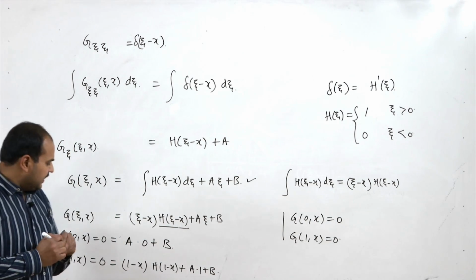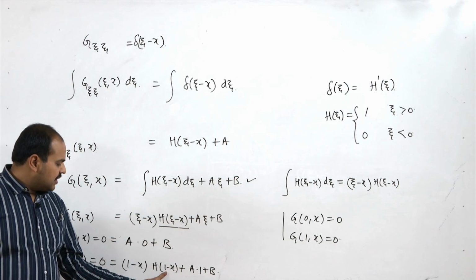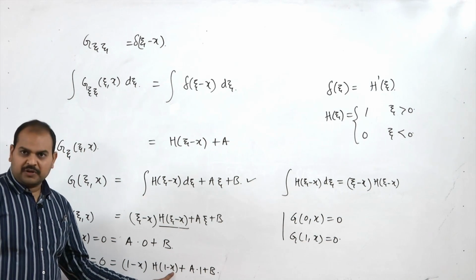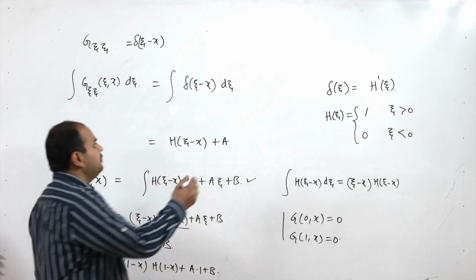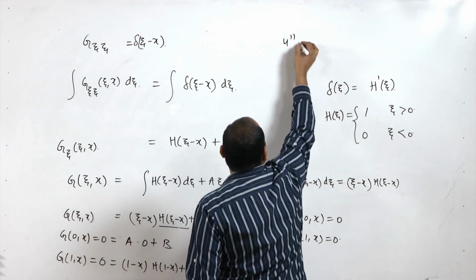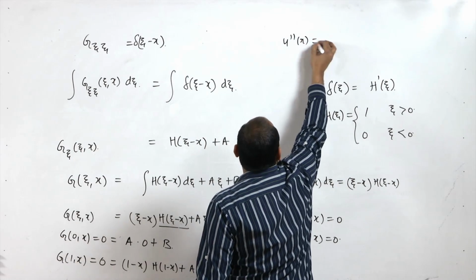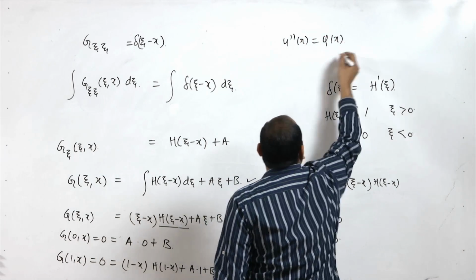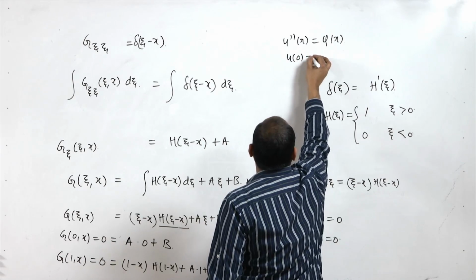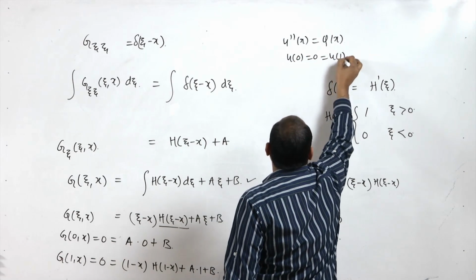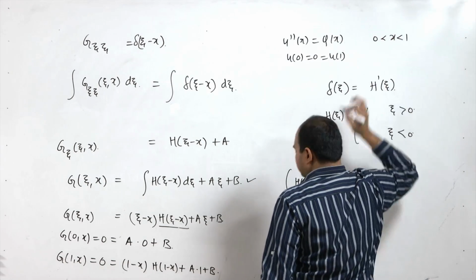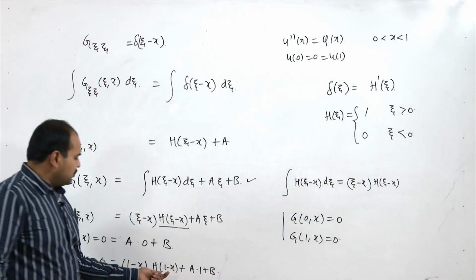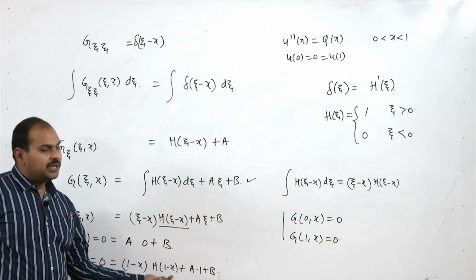Now look at this H(1 − x), whether it is positive or not. Remember your problem is basically u''(x) equal to φ(x), and the condition was u(0) equal to 0 equal to u(1). So here your x is between 0 and 1, which means that 1 − x is going to be positive.